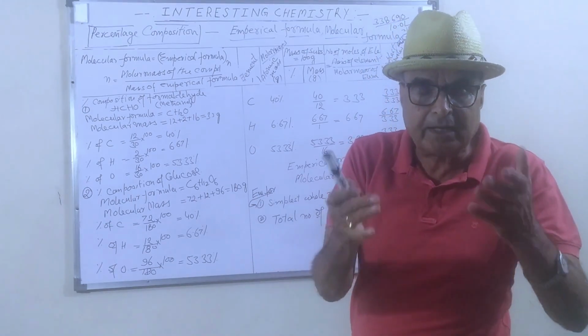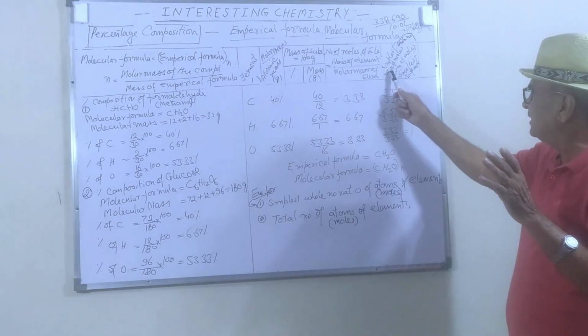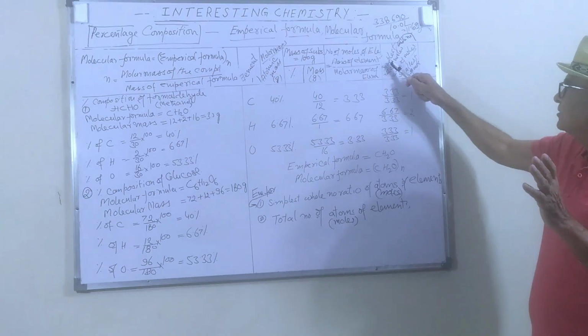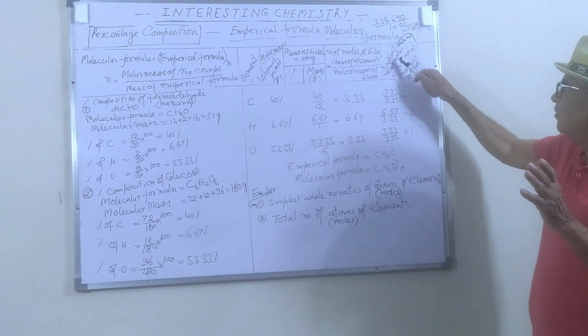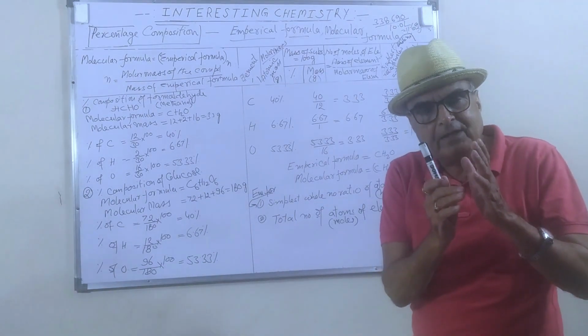So here again I am coming to my previous table, where I have told you about the definition. I write the simplest whole number ratio of the moles, that is the empirical formula.